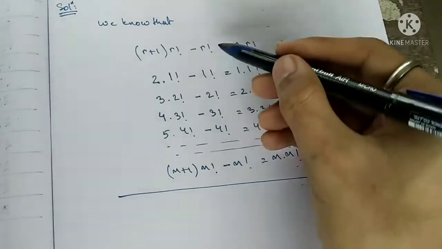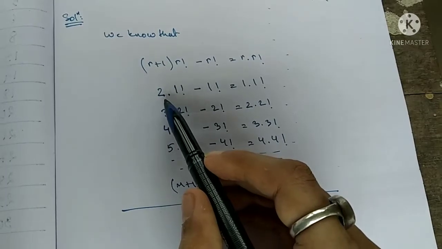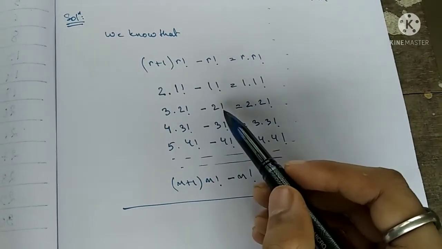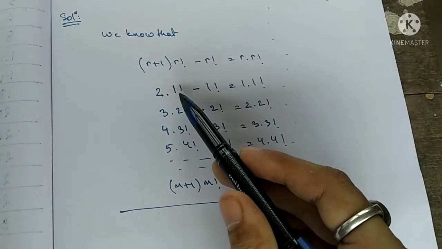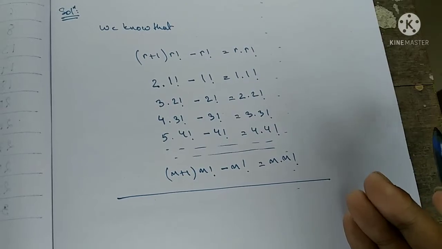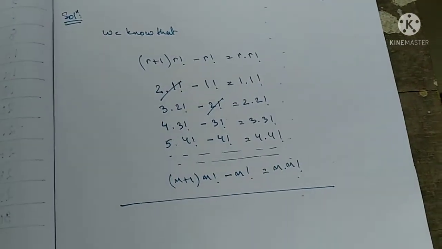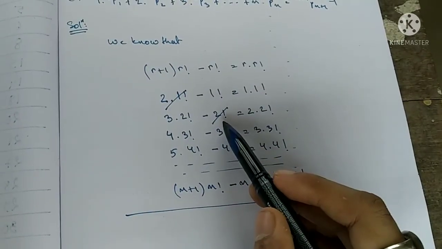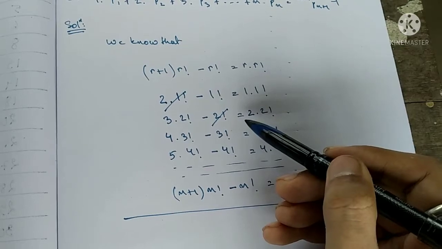So now I will add these, okay. If I add them, then 2 into 1 factorial is ultimately 2 factorial only. So adding the left hand side and the right hand side, this one and this one will cut, plus 2 factorial minus 2 factorial cut, and 3 into 2 factorial means 3 factorial only.